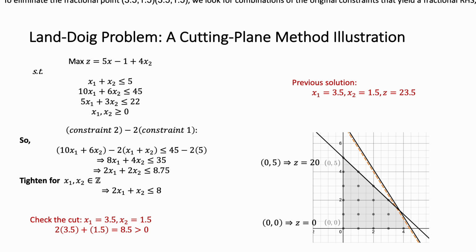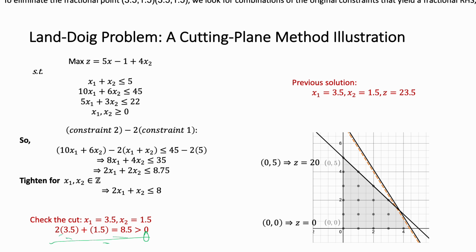Okay. Recall what we had earlier. Was this, right? And 8.5 is greater than 8. So this means that the old fractional solution was taken out of the feasible region. The old fractional solution was 3.5 and 1.5.